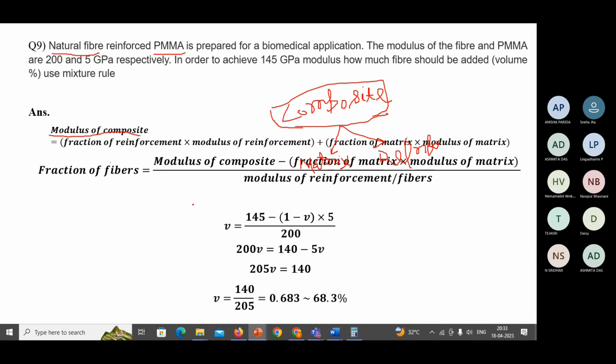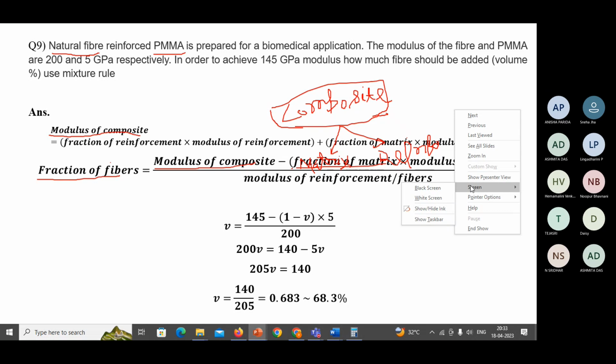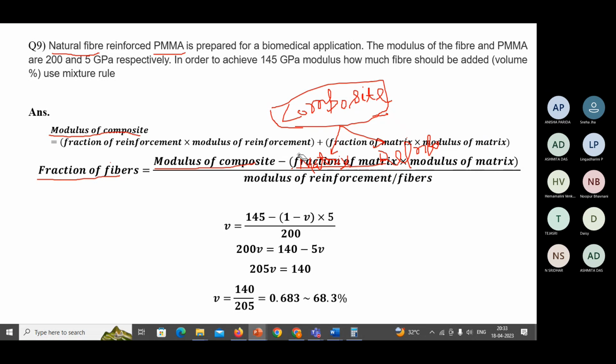If we rearrange it as per the question, the fraction of the reinforcement equals the modulus of the composite minus the fraction of the matrix times the modulus of the matrix, divided by the modulus of the reinforcement, in this case the modulus of the fibers.